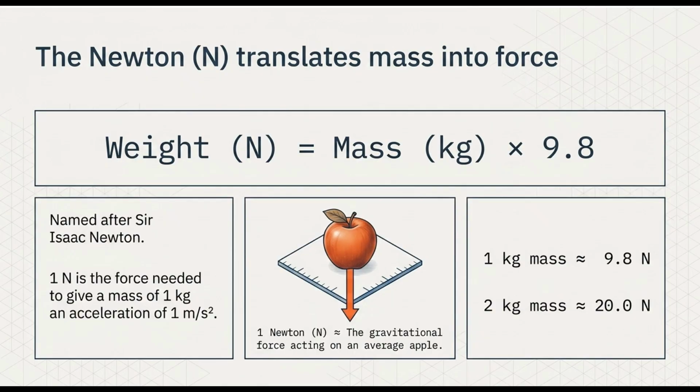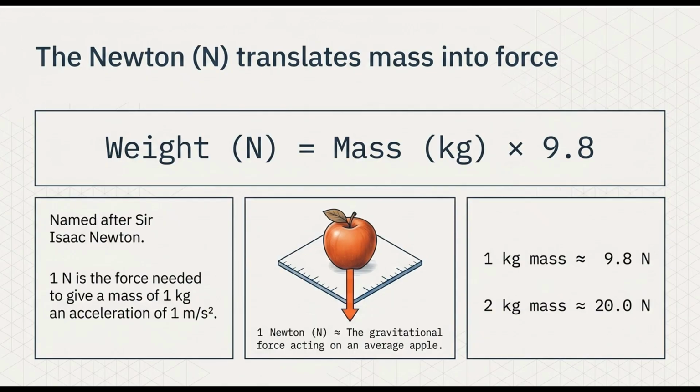Now let's see Newton's translation of mass into force. Weight can be calculated using this equation: weight equals mass multiplied by gravitational field strength. On Earth, the gravitational field strength is approximately 9.8 newtons per kilogram. Therefore, weight is equal to mass times 9.8.